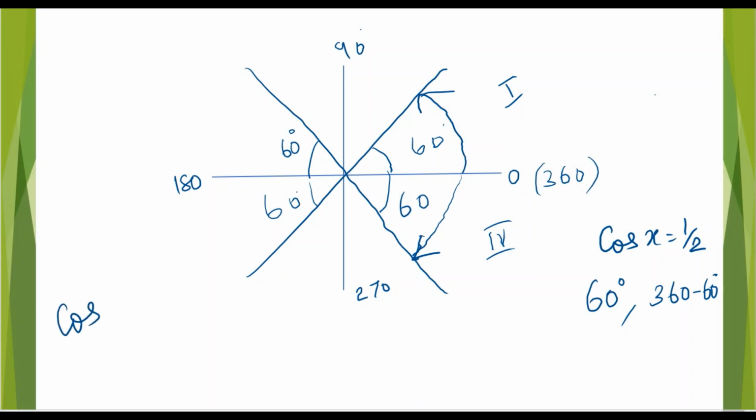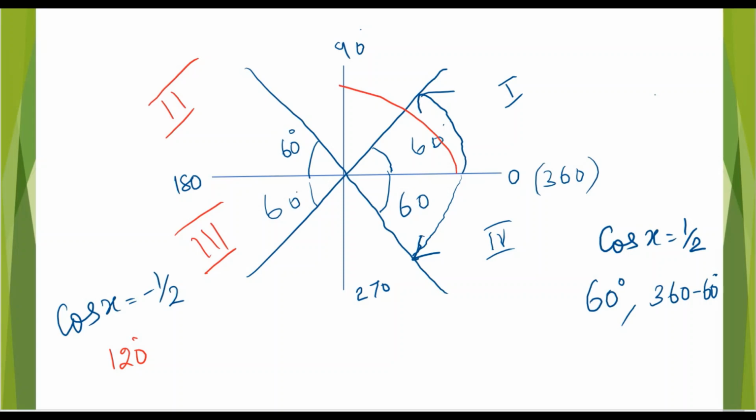And similarly, we'll take cos x equal to minus 1 over 2. For this expression, we will be getting the answer in the negative quadrants, like in the second and the third quadrant. So we are supposed to get the answer here and here. Now see the angle. Cos inverse of negative 1 over 2 is 120.